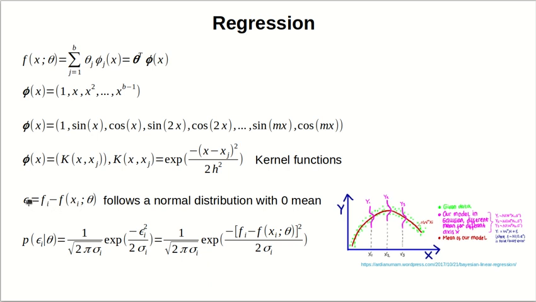We denote the residual as epsilon i. So for the ith training data, the residual epsilon i is the difference between the actual given label fi and the prediction based upon our linear-in-parameter model f using the features of the ith training data.